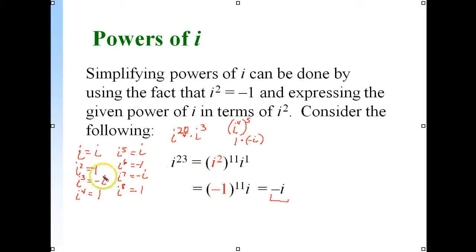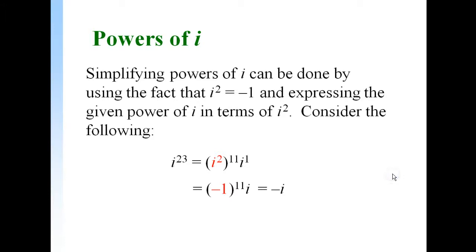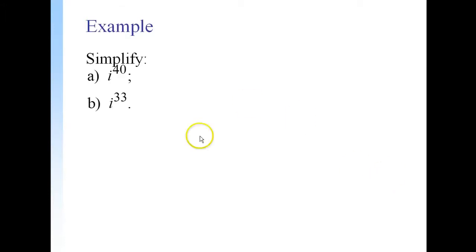Okay? For every fourth power of i that comes out of any exponent, those are all ones, as we show here. Then whatever's left is going to be one of these. So let's take a look at what they give us here. So i to the 40, that's divisible by 4. So this is just going to equal 1.